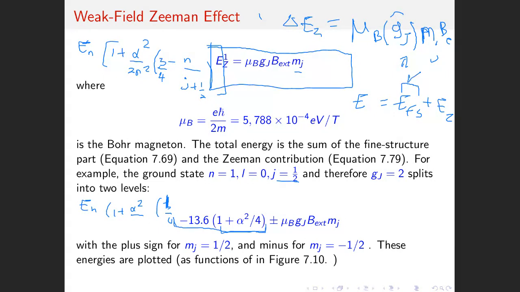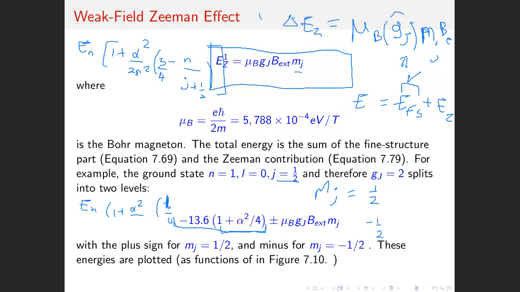But you still have to find the energy which is due to the Zeeman effect. To do that, mj goes from minus j to j, so you'll have two sets. Either mj will be a half or it will be minus a half.